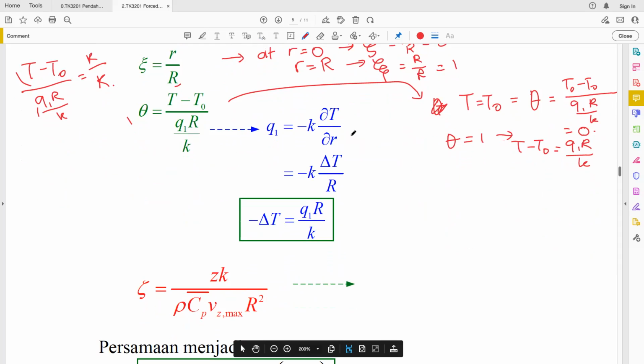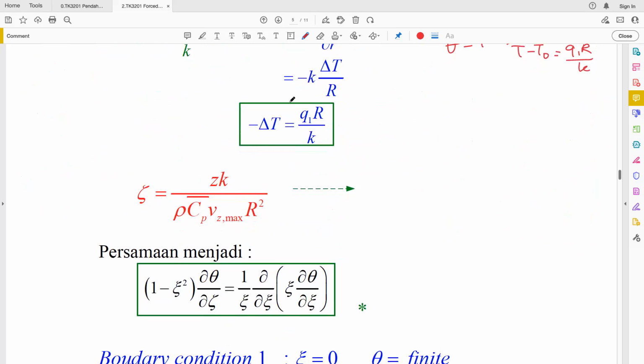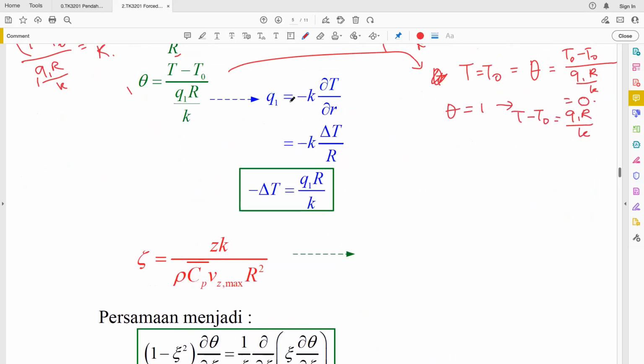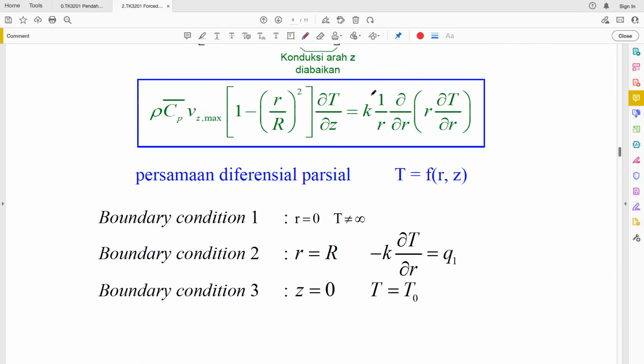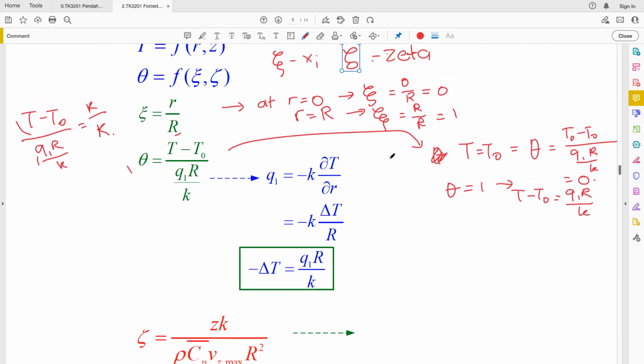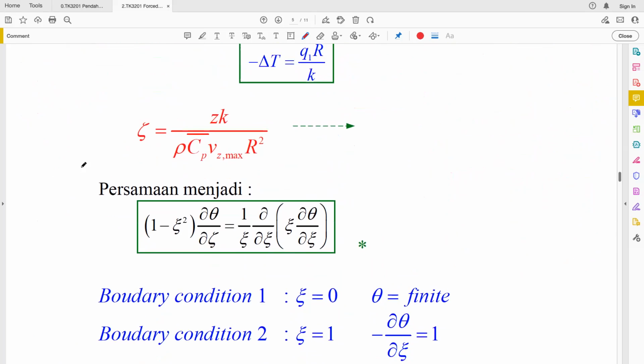Here we can see the dimensionless form of the equation. If we substitute both of them, for example dou T and dou z, then this becomes this equation.